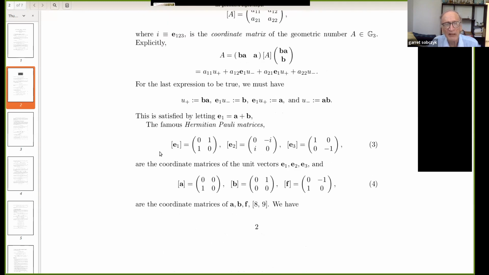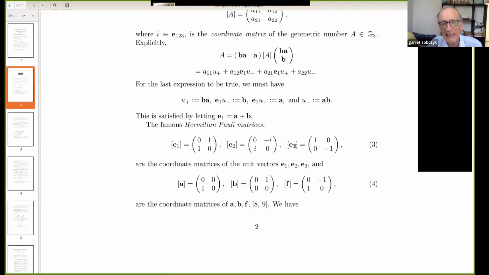Well, here you see the matrix equivalent then. So here you see the Pauli matrices. E1, that's like sigma 1 for the Pauli matrix, is just the diagonal matrix 1, 1. E2, well, you have to change this to minus I and I here to get E2.